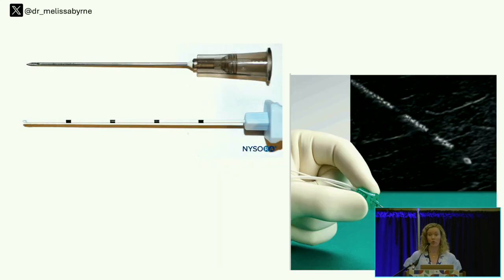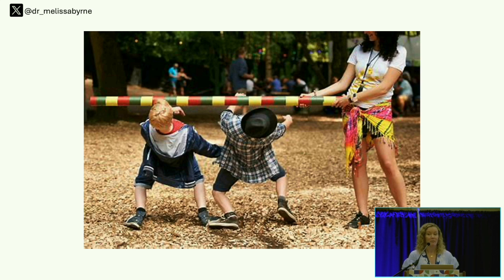We should be using short bevel needles rather than larger bevel needles to avoid injury to the fascicle, as well as the opportunity to use echogenic needles, like you can see here, that decrease your procedural time and are also more easily visible when you're working with less experienced operators. This study is meant to suggest that when it comes down to local anesthetic, we need to go as low as we can go.